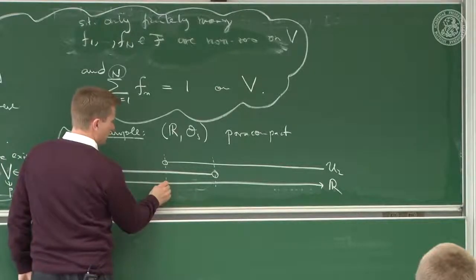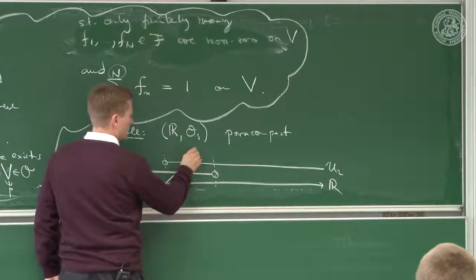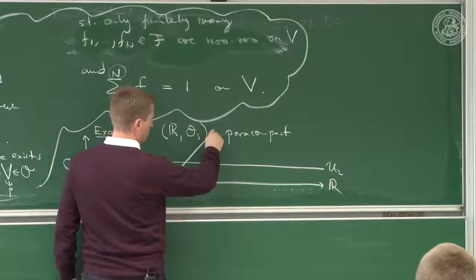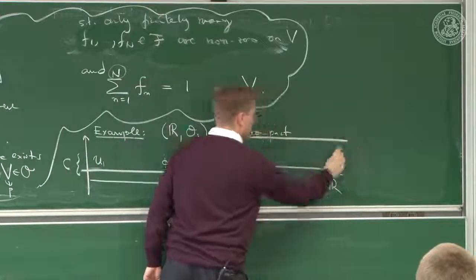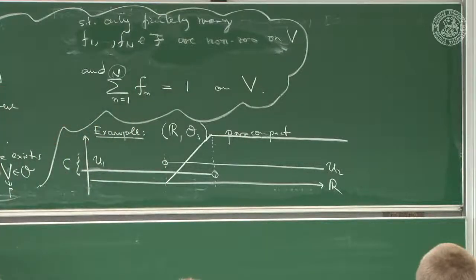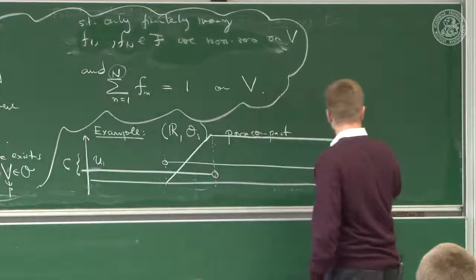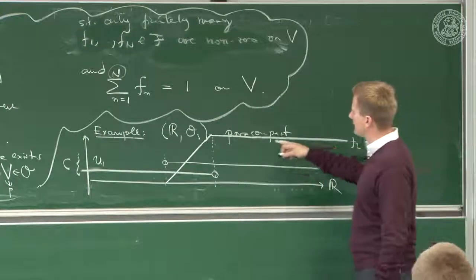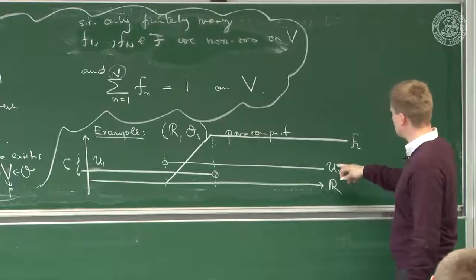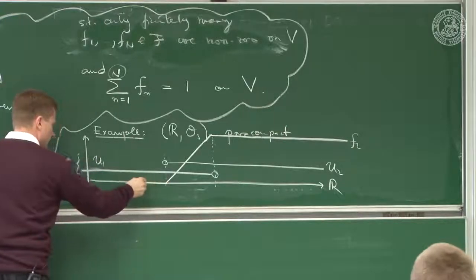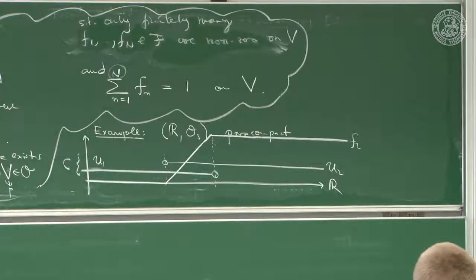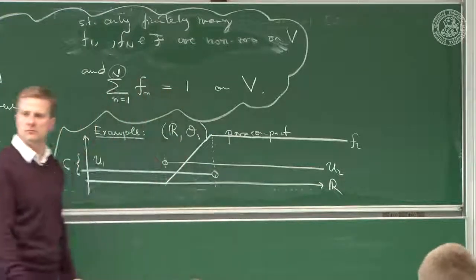I could go up from 0 to 1, like I reach 1 here. And then I go like this, so this is at height 1. And this would be function f2. And you see, for this f2, there is a set U2 such that f2 is 0 here. For this f, there is a U such that if f is non-equal to 0, at those points you are in U2. Is that clear?